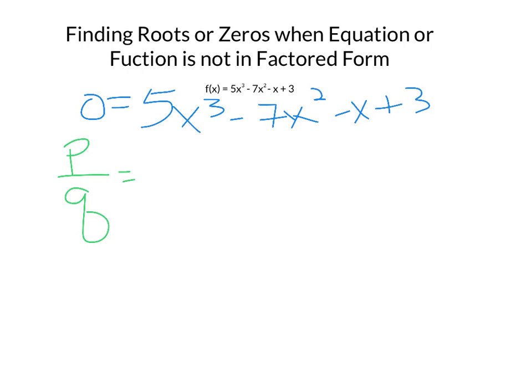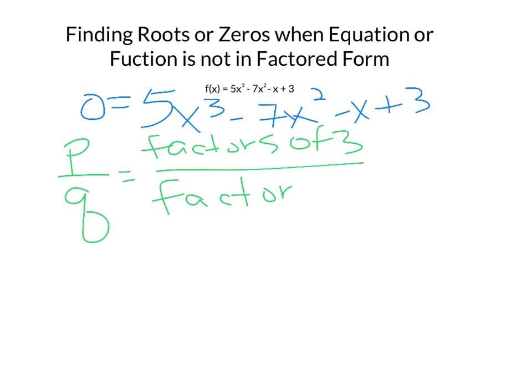Remember, p are factors of the constant term 3, so factors of 3, and q are factors of my leading coefficient 5. So I would end up with plus or minus 1 and plus or minus 3 over plus or minus 1 and plus or minus 5, which means I have 8 possible rational roots to test.